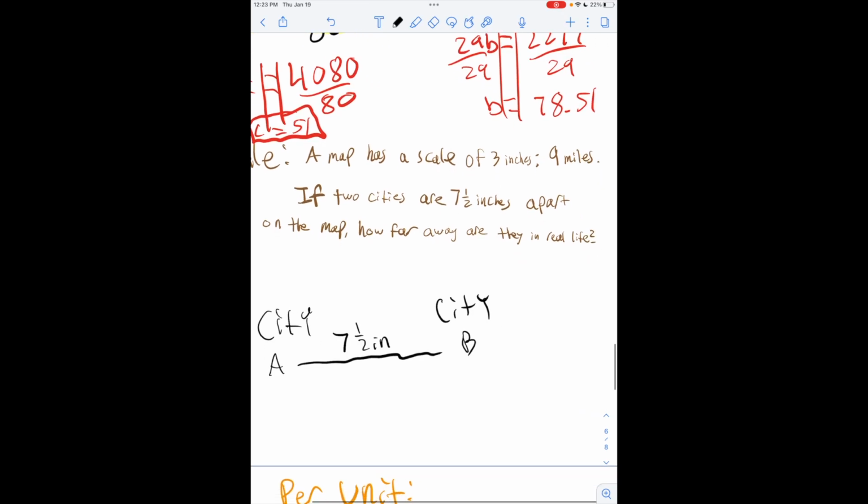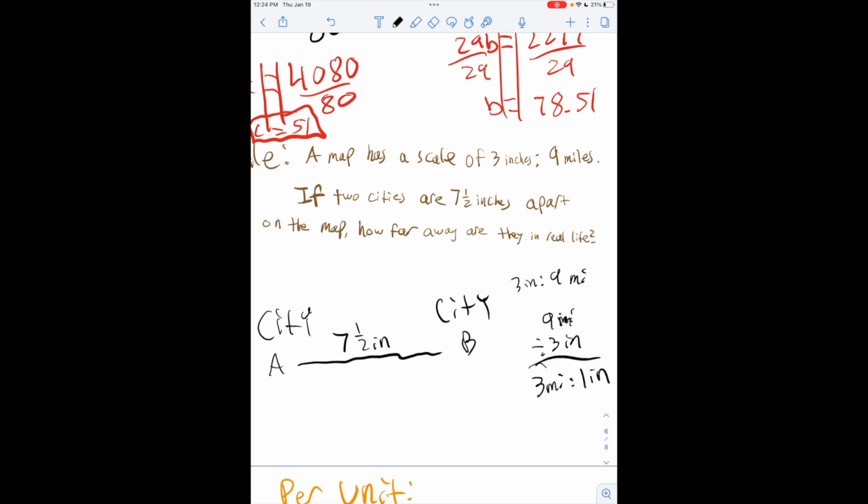So what I need to do is figure out how many miles are in 1 inch. So I say, all right, well, if there's 3 inches in 9 miles, let's do 9 miles divided by 3 inches and get 3 miles for every 1 inch.